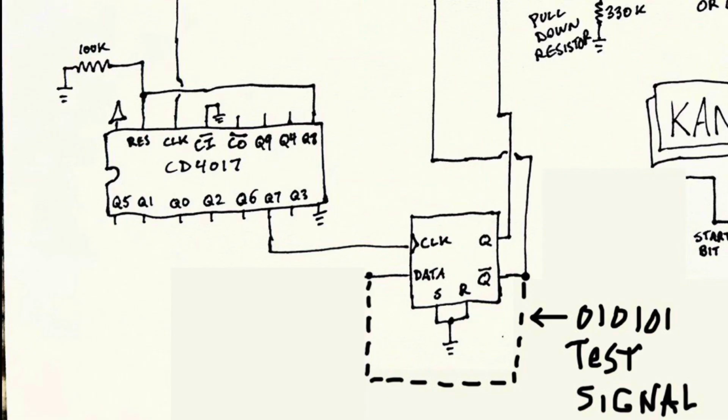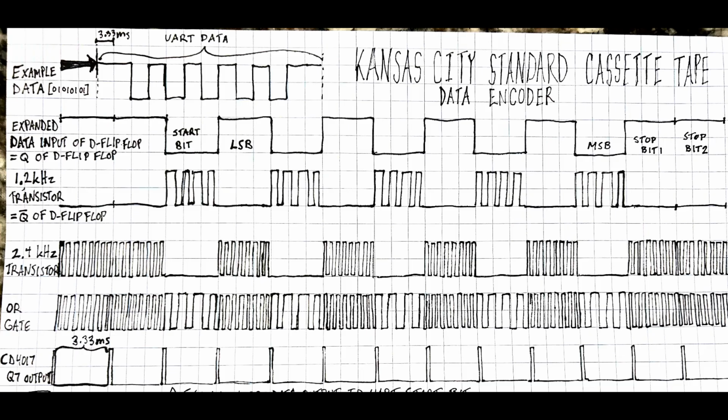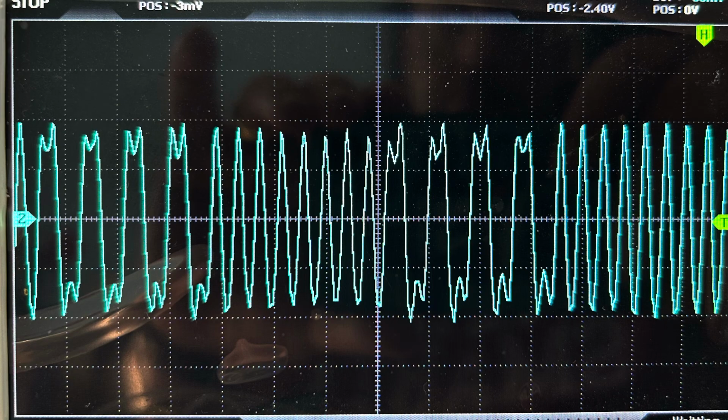The entire process is controlled by a CD4017 counter, which counts 8 clock cycles of the fast clock, and basically a D flip-flop. The resultant timing diagram can be seen here, and as you can see after the OR gate, whatever the D flip-flop says at the Q output or the Q bar output is what comes out.